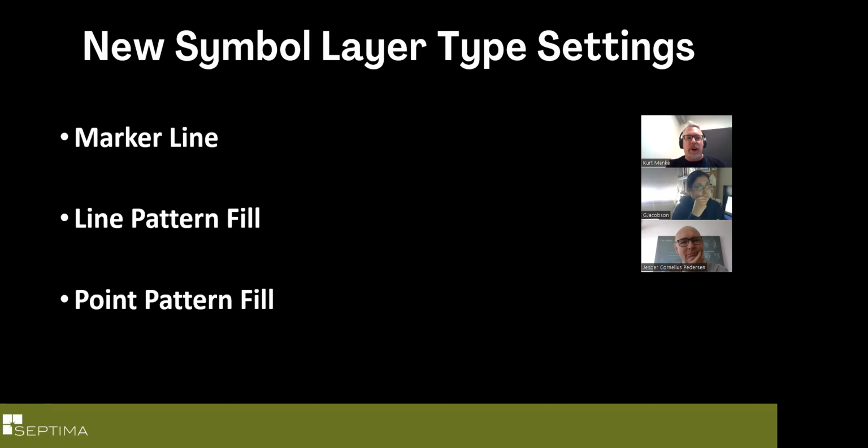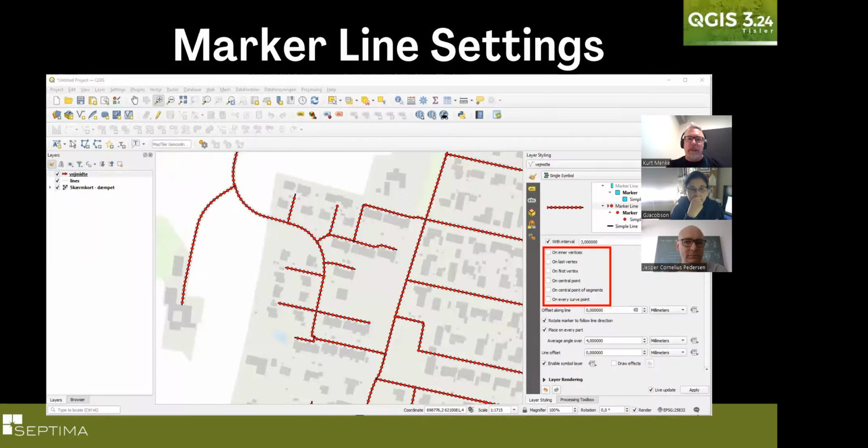There's settings for all of these different symbol layer types. So these are all symbol layer types that existed already, and we looked at point pattern fill, I know, for forests, and we looked at marker line a little bit, and now there's just a lot of settings here. So some of the settings that we used with marker line when we were looking at label callouts the other day are new, where we have all these settings for marker lines where the little marker appears here.